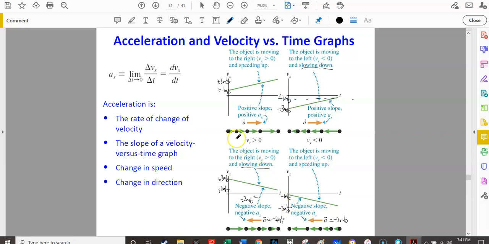So if you look at all these little data points right here, those are your instantaneous velocity vectors. Okay. And what that tells you is all of these little lines right here are showing a dot and a tangent to that line.